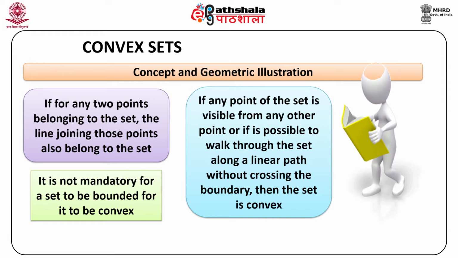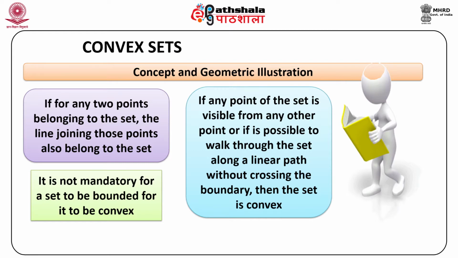If any point of the set is visible from any other point, or if it is possible to walk through the set along a linear path without crossing the boundary, then the set is convex. Intuitively, a convex set is solid, connected, without breaks or dents in the perimeter.